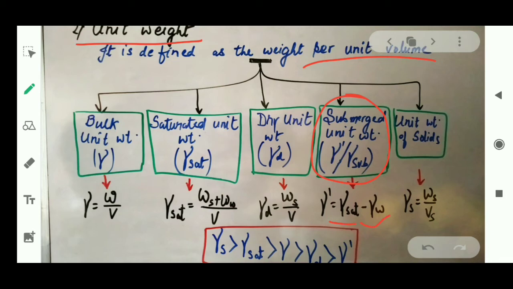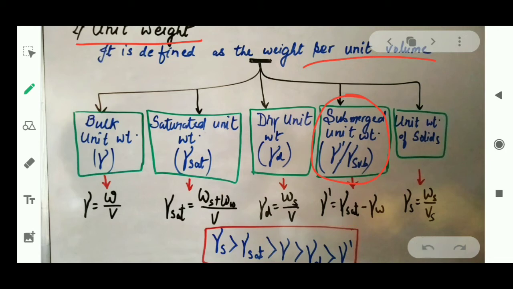Gamma submerged means, according to Archimedes principle, if the soil mass is put inside the fluid or water, the gamma saturated, the unit weight, will push in the downward direction, and gamma W, which means unit weight of water, will push the gamma sat upward. So we get gamma sat minus gamma W, which gives gamma submerged, right? Or we can denote it as gamma dash, right?